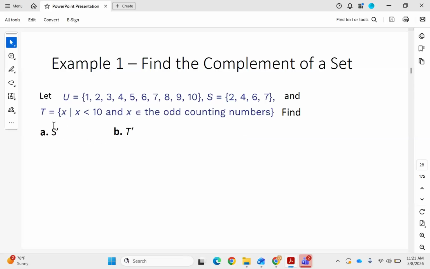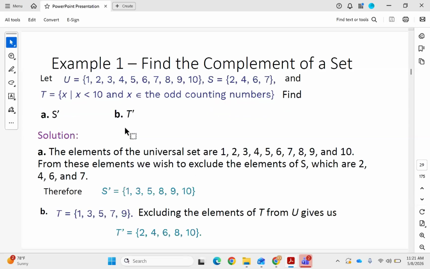So find S prime, which is the complement, S apostrophe, which is the complement of S, and also find the complement of T. Well, for the complement of S, notice that if you look at 2, 4, and 6, we left behind, we didn't include all of the other numbers. So the complement would have the ones that we didn't include in S, starting with 1.